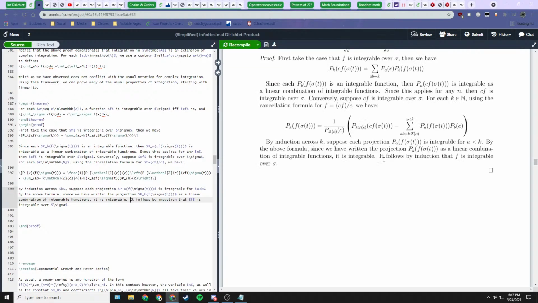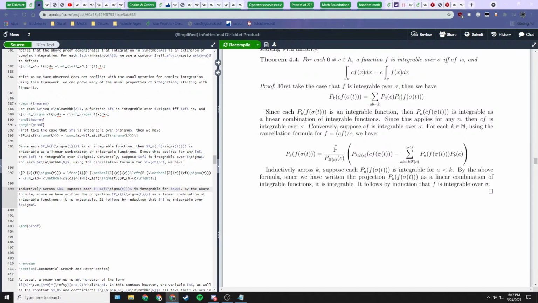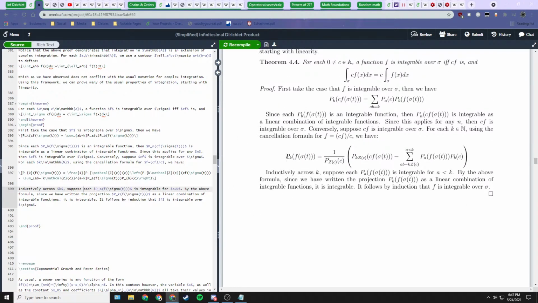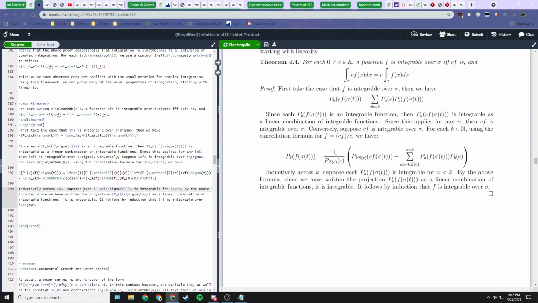So for this reverse direction, essentially we're writing P sub K of F of sigma as this combination. So this is a non-zero constant, this reciprocal term. CF is integrable by premise.